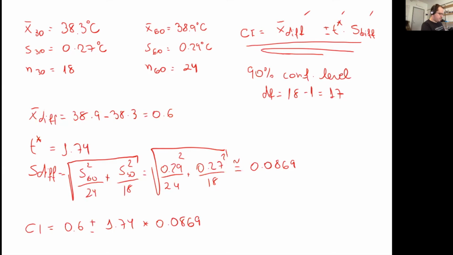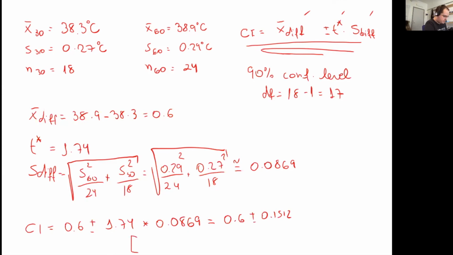Because 0.6 is in the middle of the distribution. Then I want to go plus or minus something, which is 1.74 times my standard error. So 1.74 standard errors to the left, 1.74 standard errors to the right, and that actually ends up being 0.6 plus or minus 0.1512.